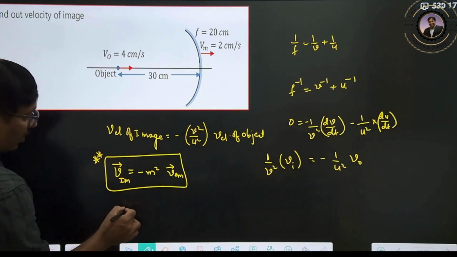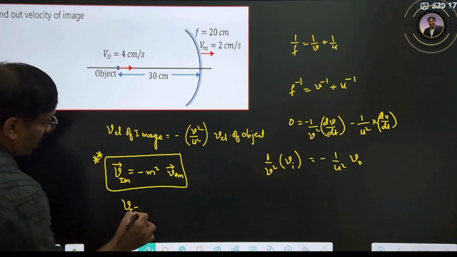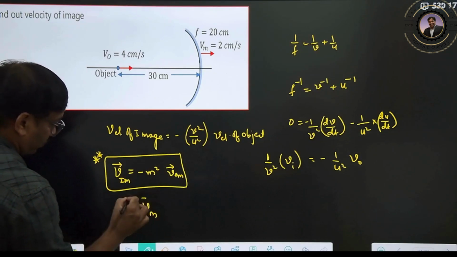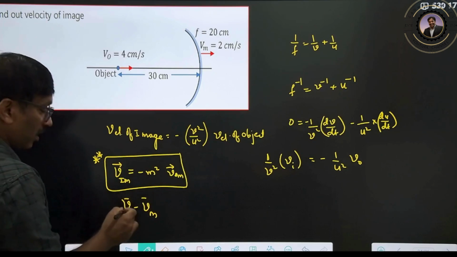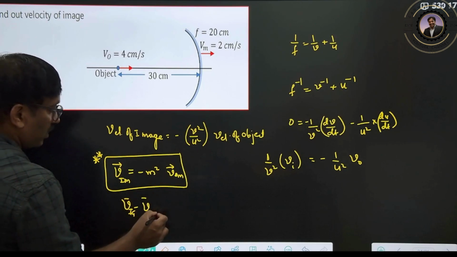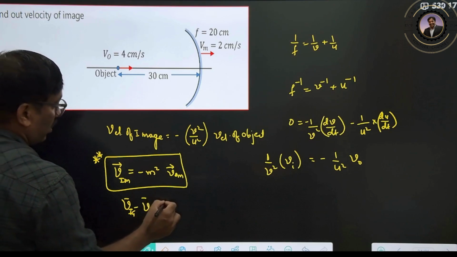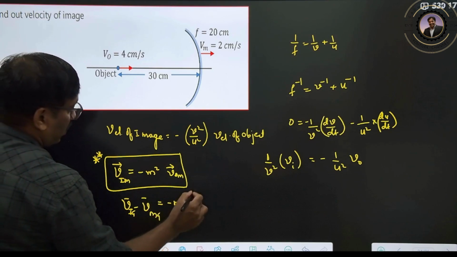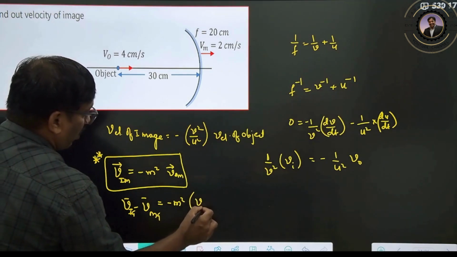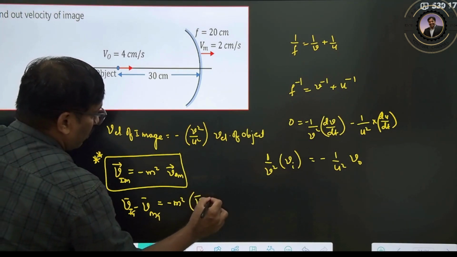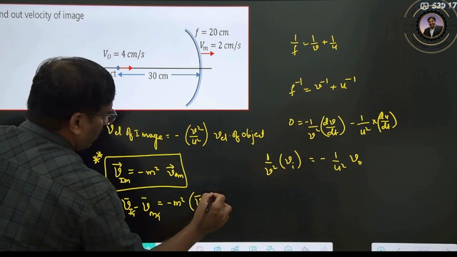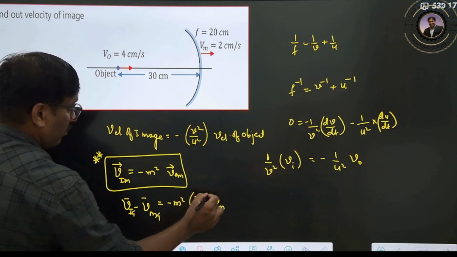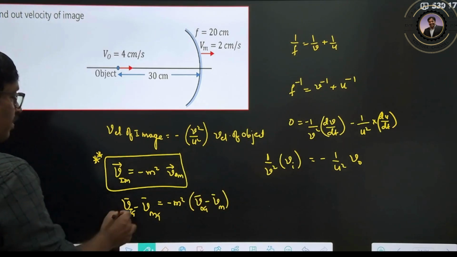So velocity of the image minus velocity of the mirror, these being with respect to the ground, will be equal to minus m square into velocity of the object with respect to the ground minus velocity of the mirror with respect to the ground. Clear?